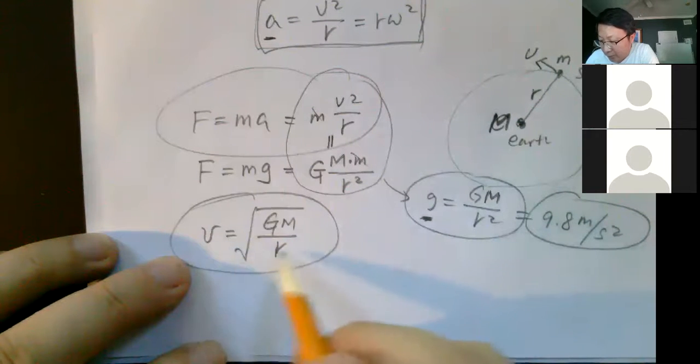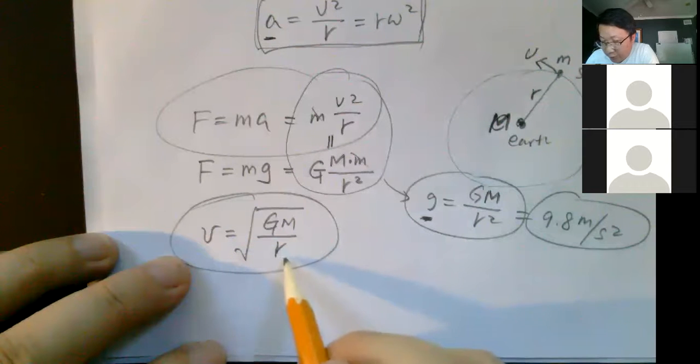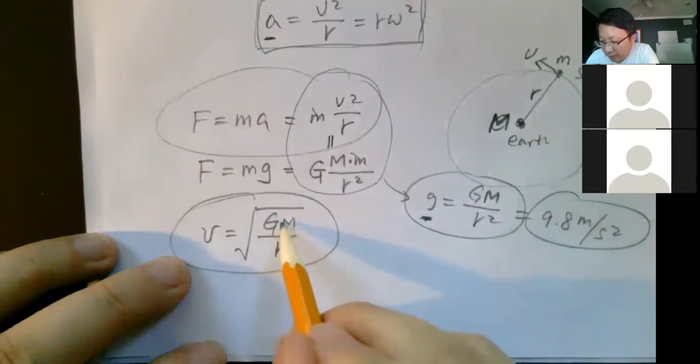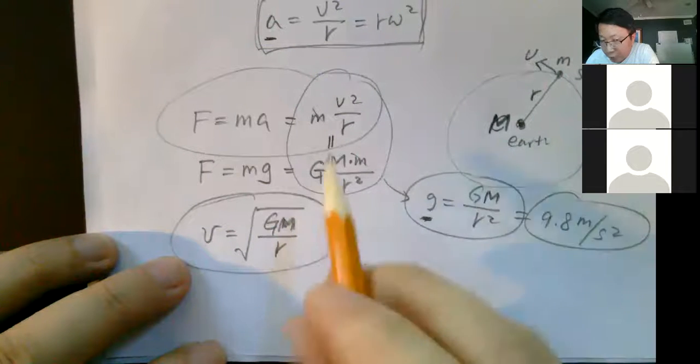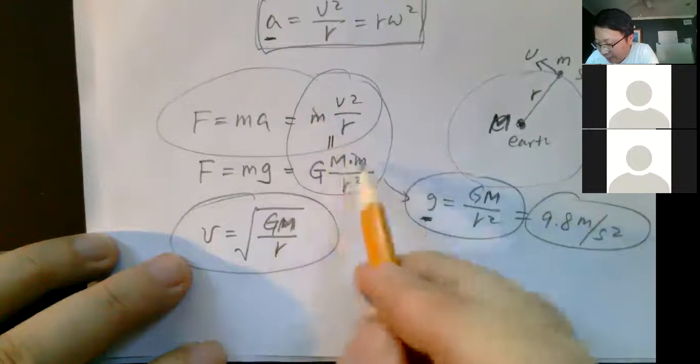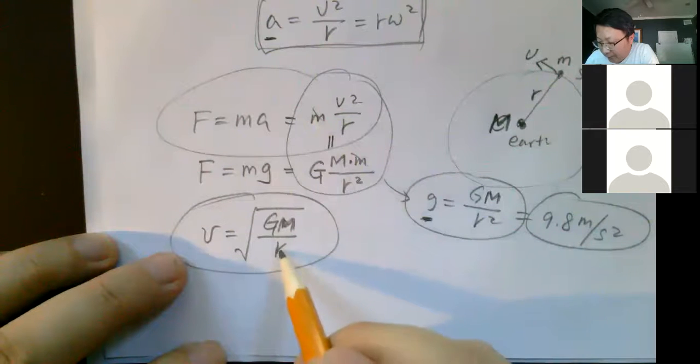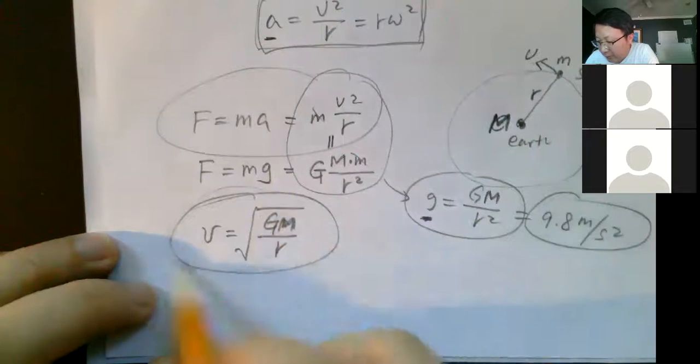The speed is a function of distance, determined by the gravitational constant times the mass of the Earth divided by the distance. It has nothing to do with the satellite mass because it cancels out.